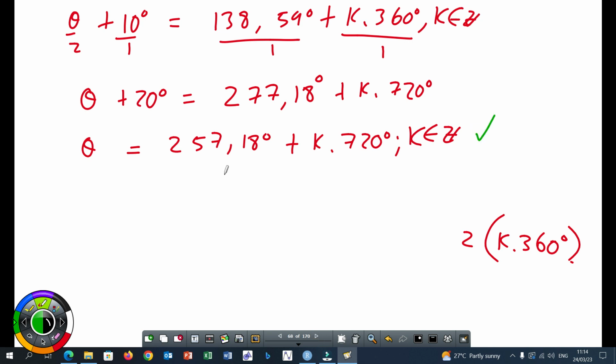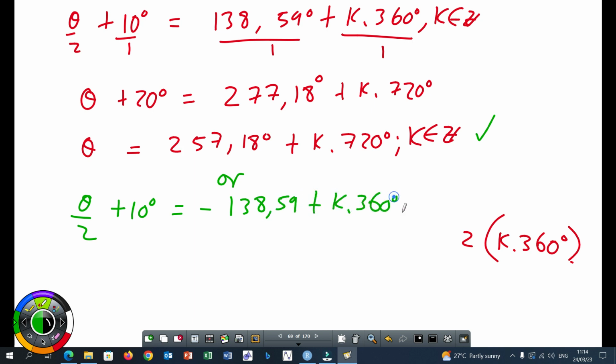Right? Now I'm going to say, I'll write again, theta over 2 plus 10 degrees is equal to minus 138,59 plus k times 360, where k is an integer. Again, we multiply by what? By 2 throughout.